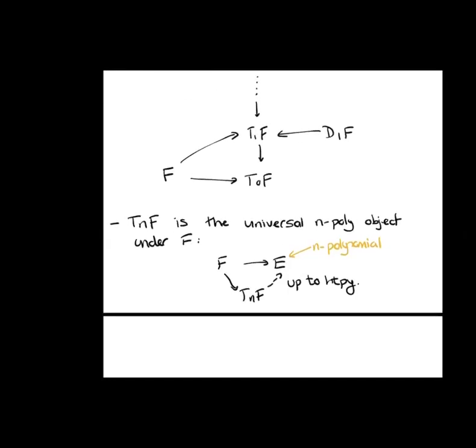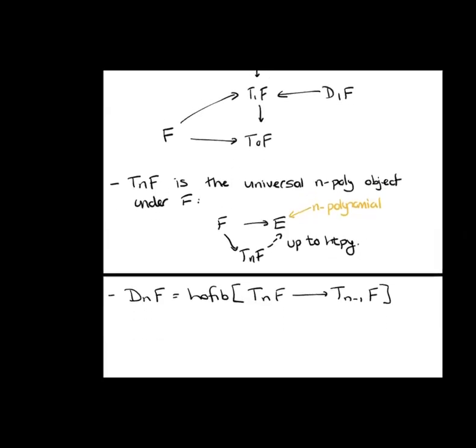So the other thing to know about the tower is that the nth layer, the homotopy fiber of the map from the nth approximation to the n minus first, is kind of the error between these two things. This has two important properties. First of all, it is n polynomial.